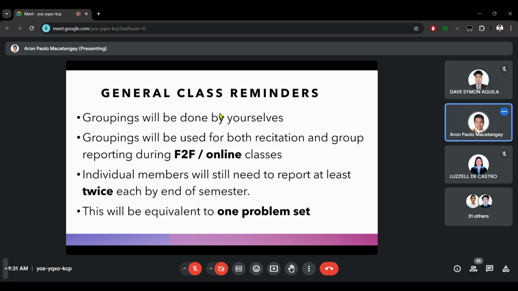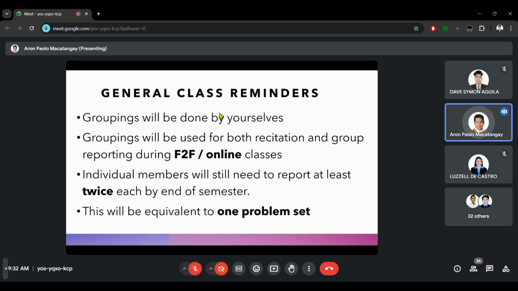One reminder also: everyone please join your appropriate Google Classroom and Messenger group chats. You should be joining the section that you are attending.